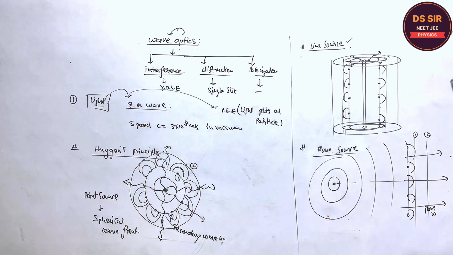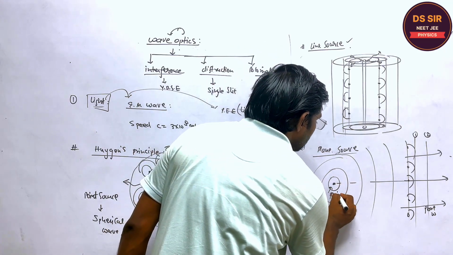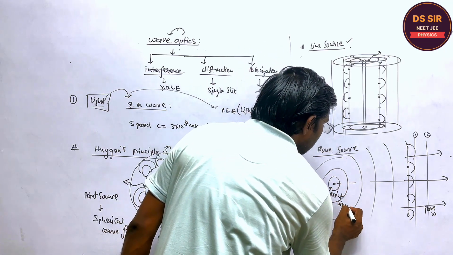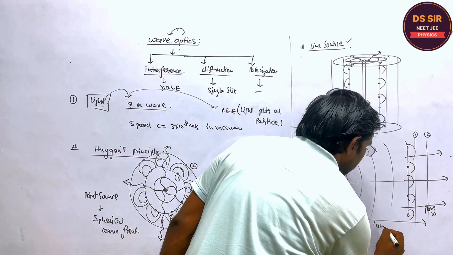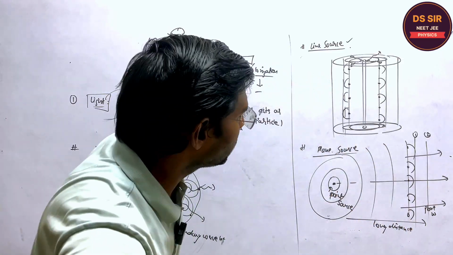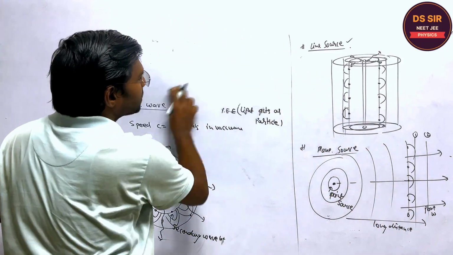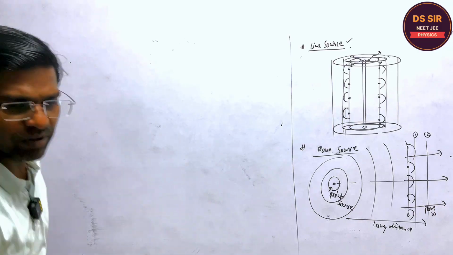So this is the plane wavefront. The point source acts as a source of light, and for a long distance, for example, the light coming from the sun to the earth is coming on the earth in the form of a plane wavefront.